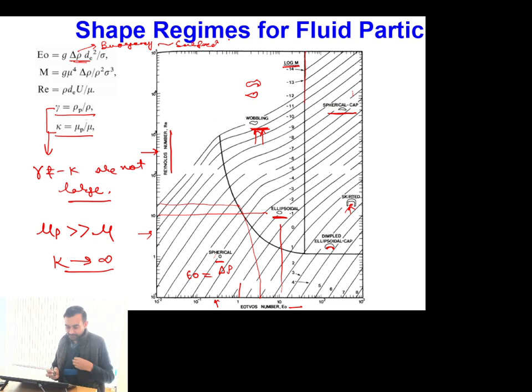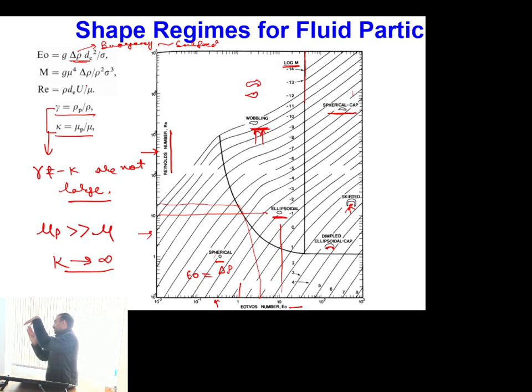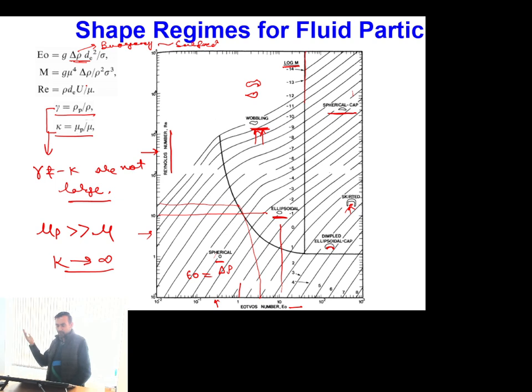At the same time the Reynolds number is high, which means the inertia of the bubble is more in comparison to the viscous forces. Once the driving buoyancy force is high, it causes high velocity, and corresponding to that velocity the viscous forces are low. So there can be deformation in the shape. The fluid particle will be susceptible to shape changes because viscous force will not restrict the inertia force. That is the reason it gets the ellipsoidal shape.